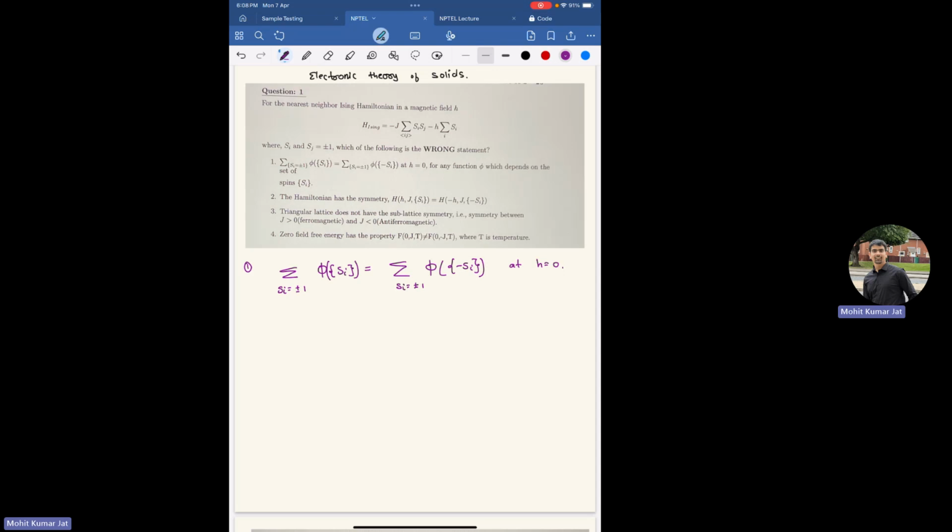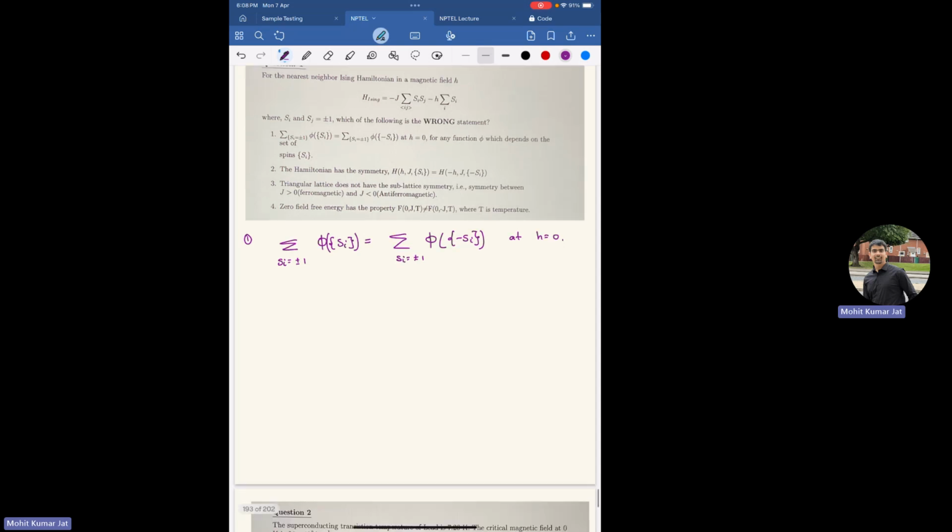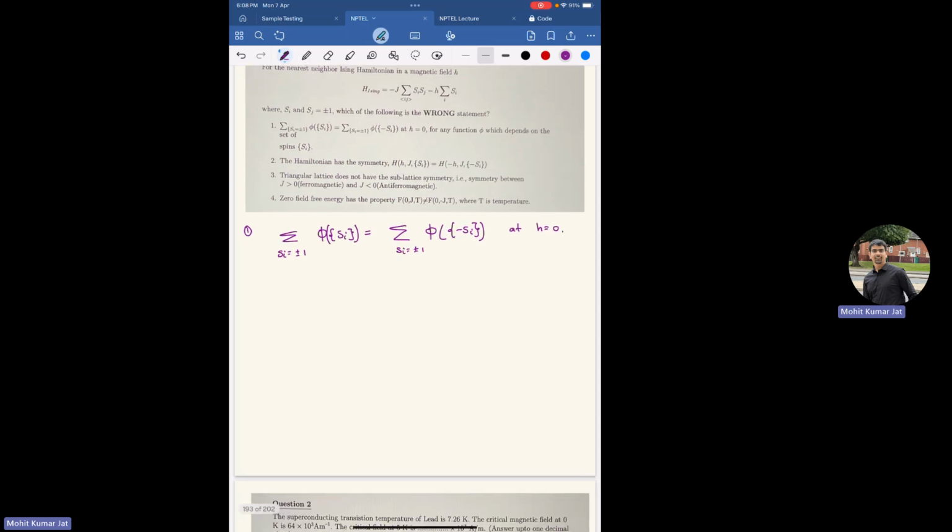So let me write the phi of Si. If I start writing this, S1 and S2 equal plus minus 1.